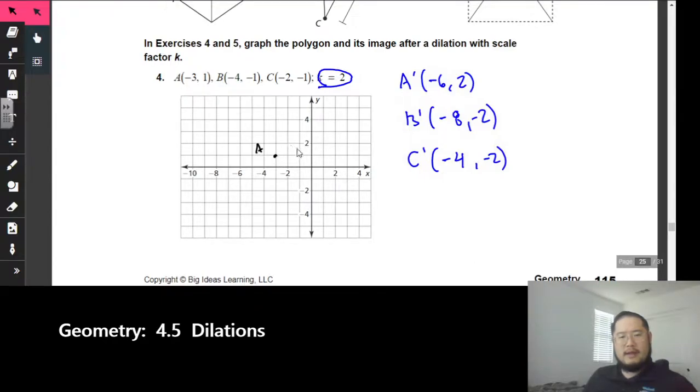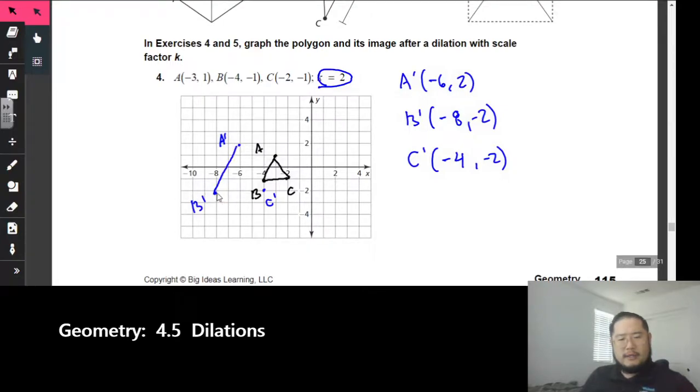We have A. We have negative 4, negative 1 is B, and then negative 2, negative 1 is C. So we've got this triangle right here. Let's take our image, negative 6, negative 2. We have A prime, negative 8, negative 2, B prime, and negative 4, negative 2 right here. We've got C prime.